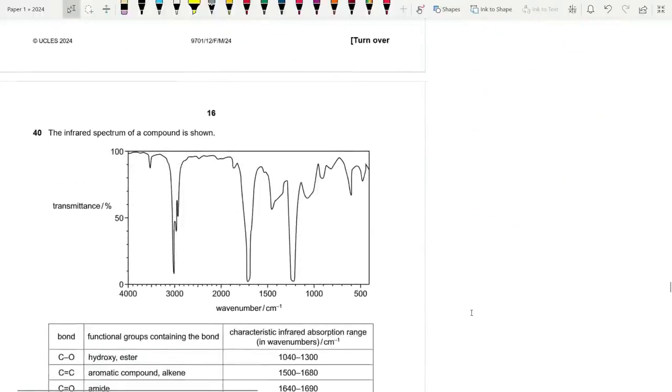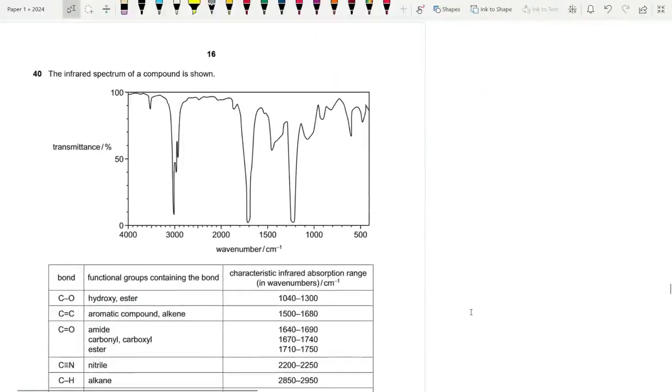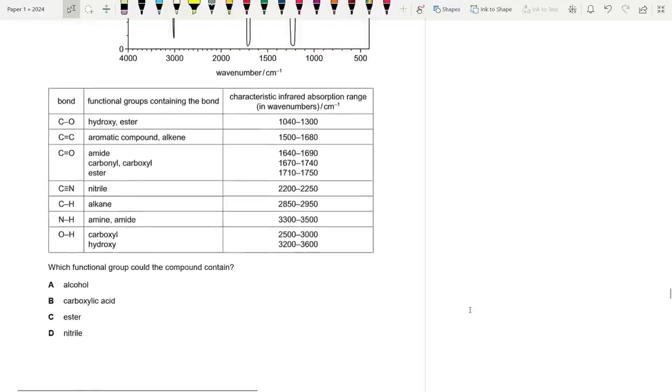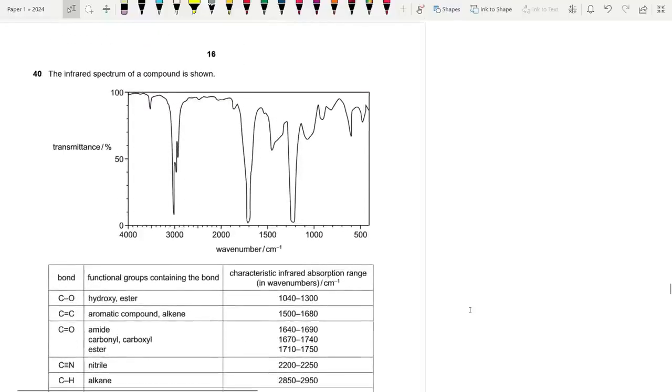40. The infrared spectrum of a compound is shown. Which functional group could the compound contain? Essentially in IR spectroscopy, I plan to make a video on spectroscopy soon, dealing with IR spectroscopy, NMR, as well as mass spectroscopy.